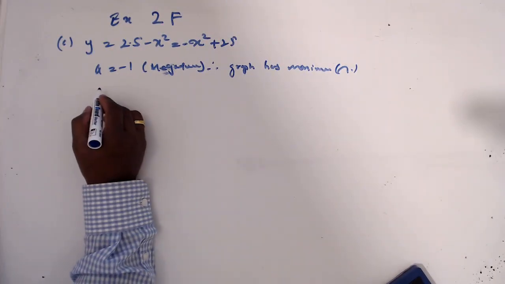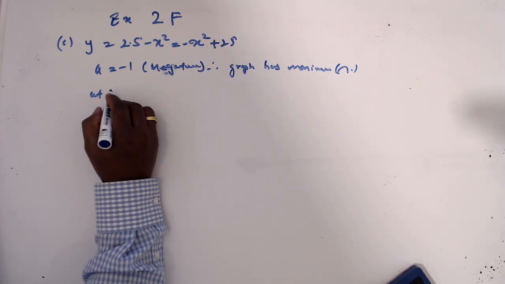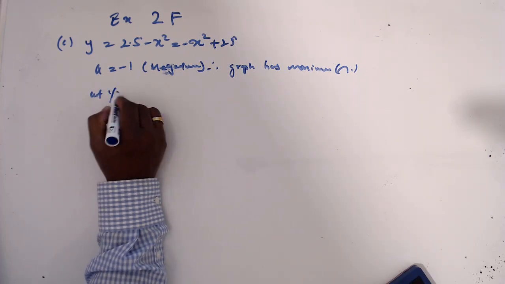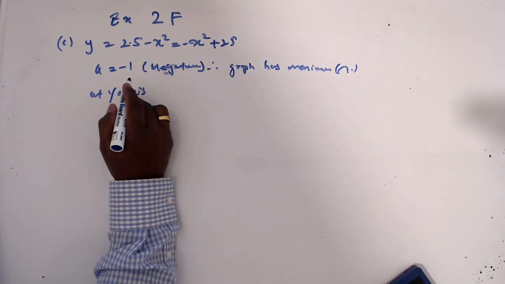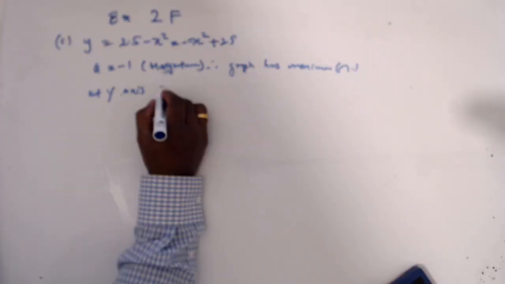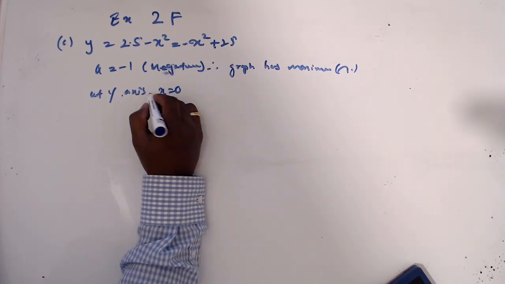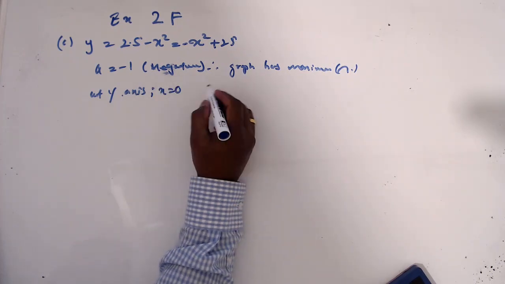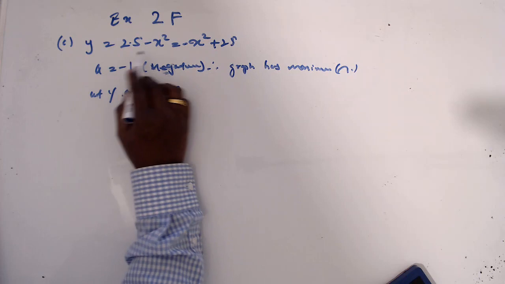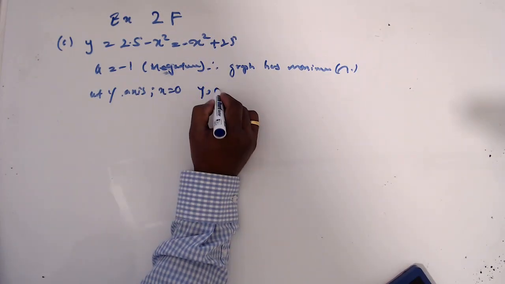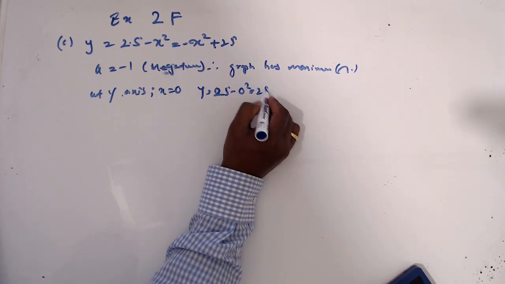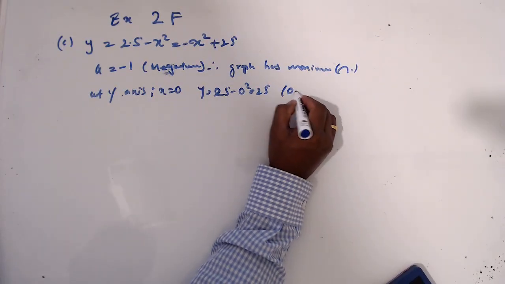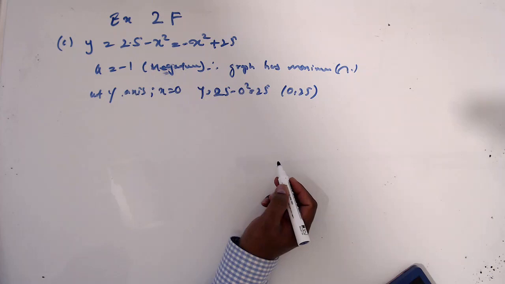Then at the y-axis, x equals 0. Then when x equals 0, y equals 25 minus 0 square, 25. So this is (0, 25).